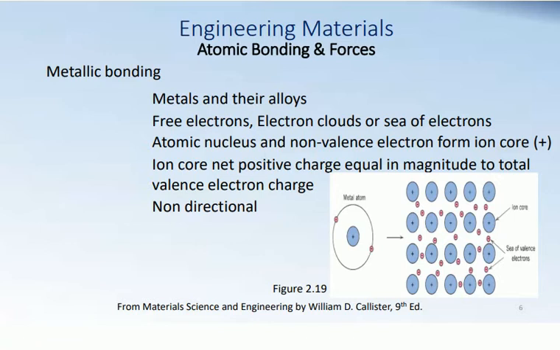So in metals we assume that the valence electrons are free electrons. Free means that they can move around freely within the material boundaries, like the atoms of gases which can move around freely.